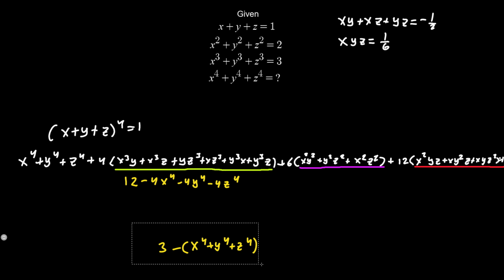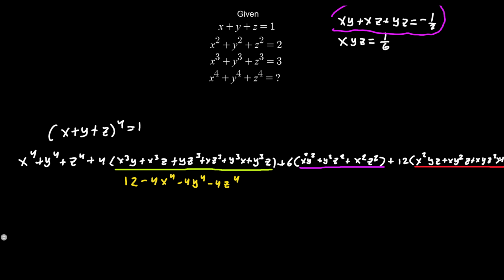And now we're going to look at the pink one. And we know that it's simply our first equation that we found, all squared. So what we're going to have to do is square xy plus xz plus yz. We're just going to start off by squaring this expression.